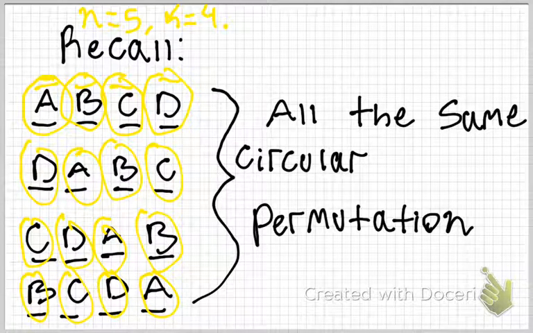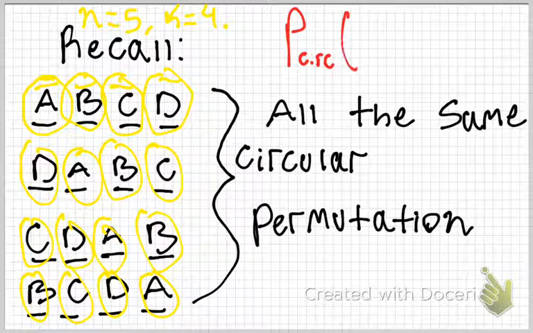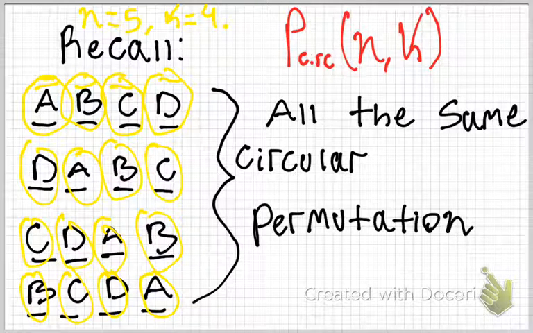I want to point out this circular permutation is denoted as P circ, with N and K. This one circular permutation produces four normal permutations. Okay?